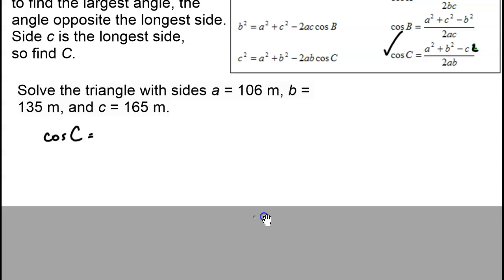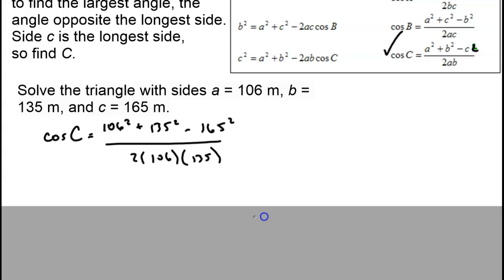We know A is 106, so 106 squared, plus B, which is 135 squared, minus C, which is 165 squared, over 2 times A, which is 106, times B, which is 135.